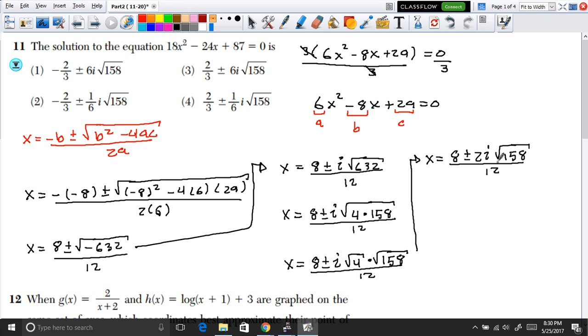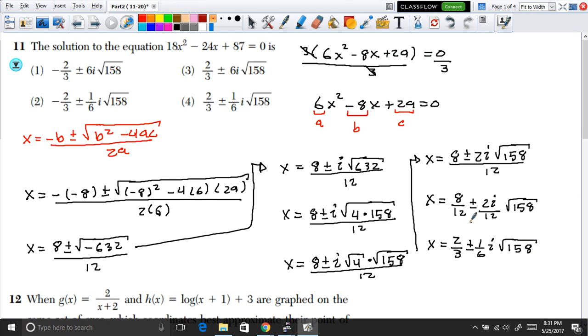But now, notice that this 12 is dividing both terms. It's dividing the 8 and the whole 2i square root of 158. So let's just make it simpler and rewrite it this way. 8 over 12 is equal to 2/3, plus or minus 2 divided by 12, which is equal to 1/6, times i square root of 158.